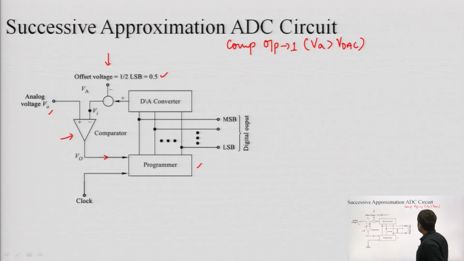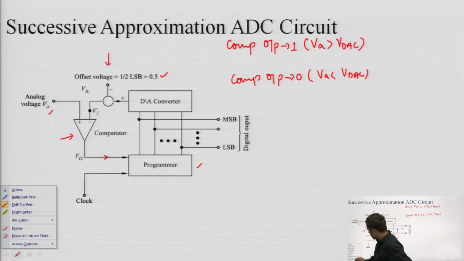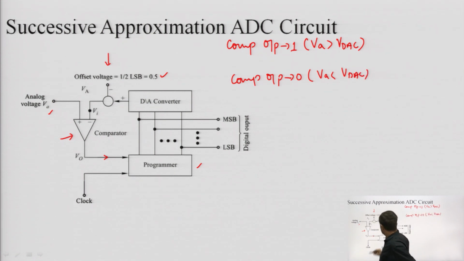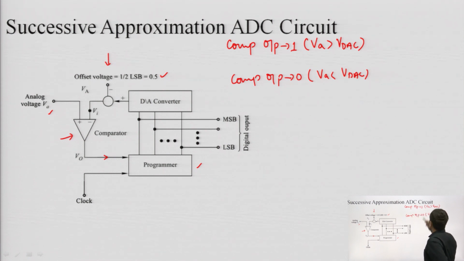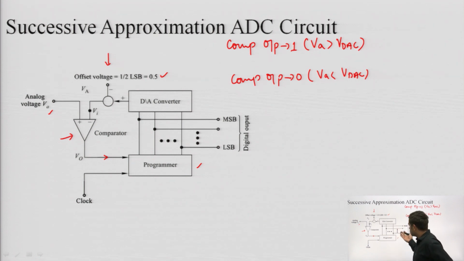The second possibility is comparator output 0, which will be when VA is less than VDAC. So what are we expecting from the programmer? If VA is greater than VDAC, then there is scope of further addition. This programmer can add some more weights so that it becomes equal.